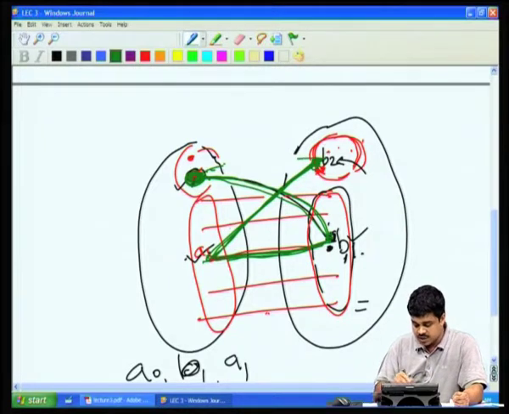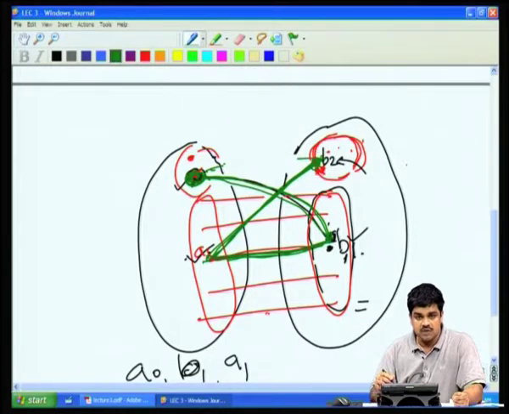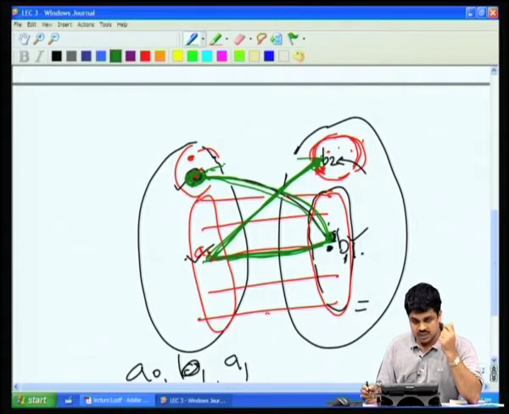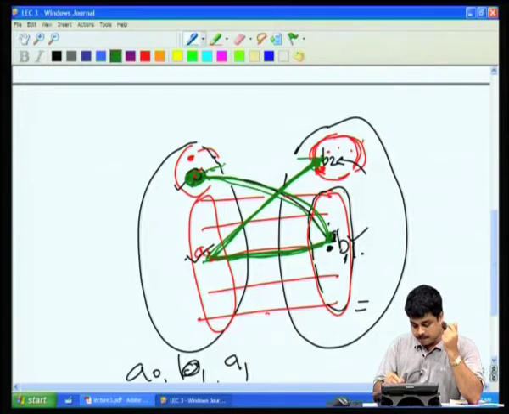So this is an alternating path, traversing an unmatched edge, then a matched edge, unmatched edge, matched edge, like that. But we know that if there is an augmenting path, the matching we have considered, these red edges, is not a maximum matching.